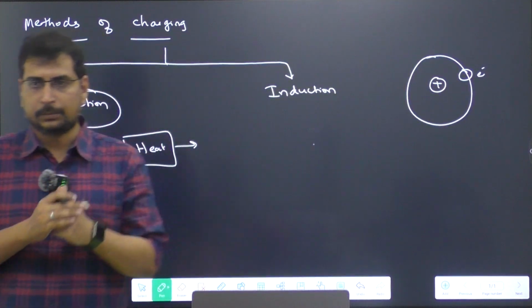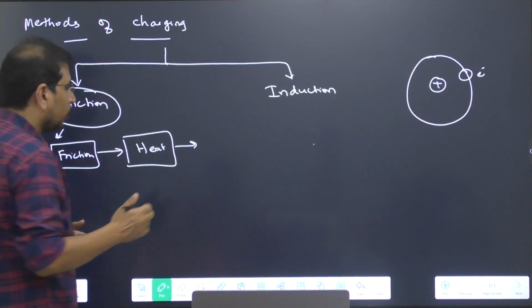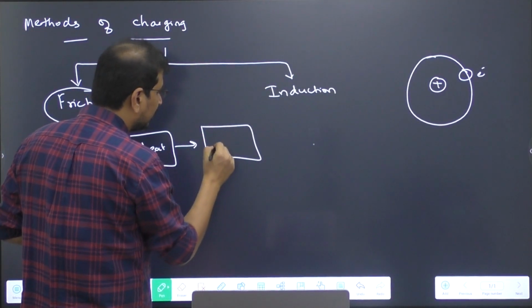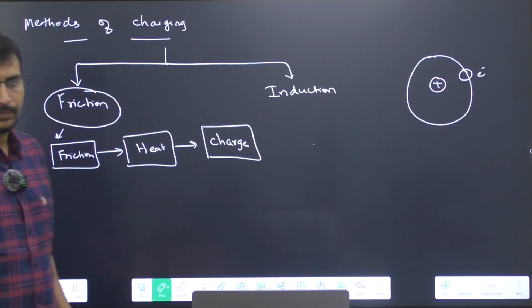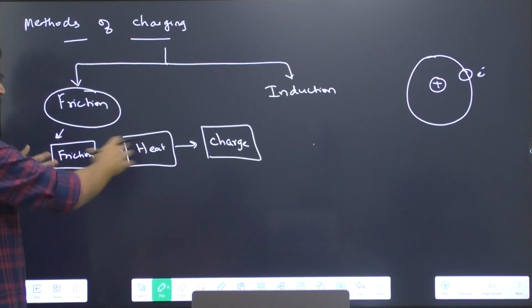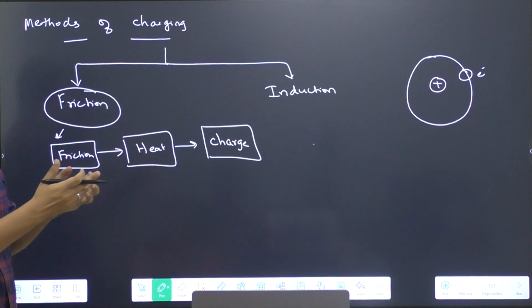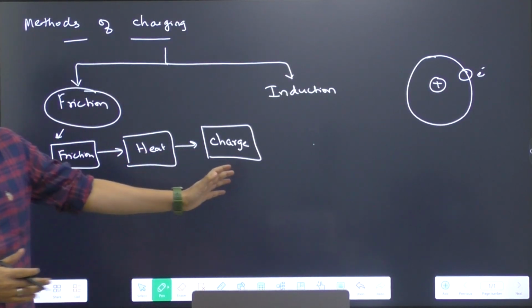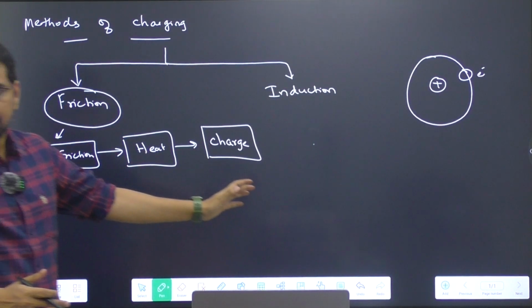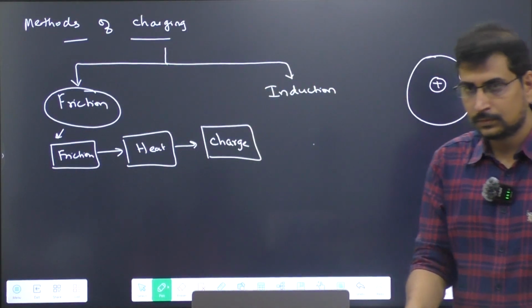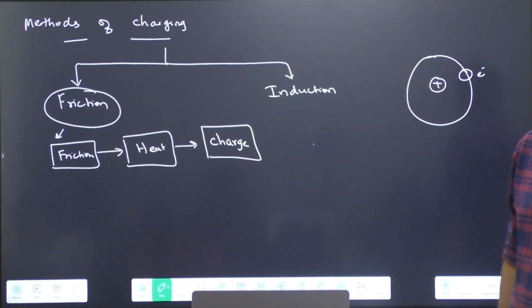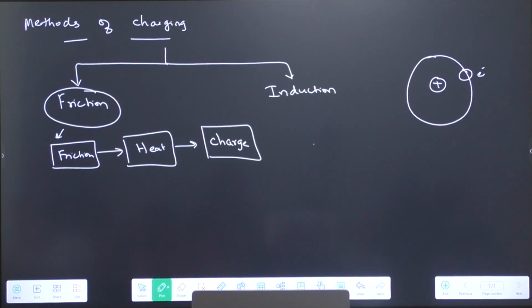It's relative. So due to this heat, a charge is created on the material. Makes sense? If you have to give a simple block diagram structure of what happens through the process of friction, this is how it looks. You can make a note of it.